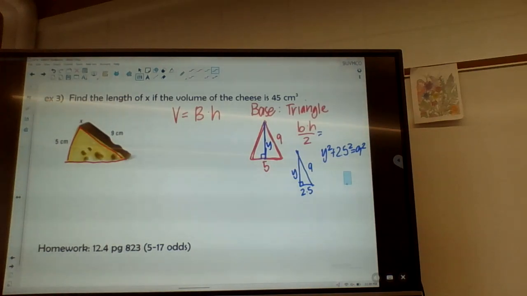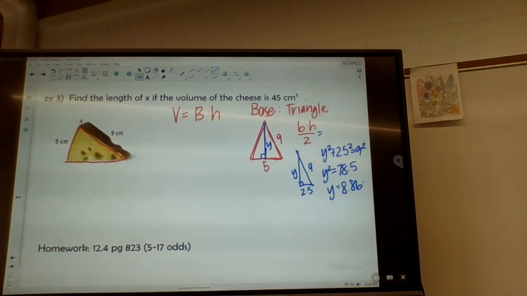So we have some algebra to do along with the Pythagorean theorem. Square root, and I find out y is 8.86. That's going to be the height of that triangle.